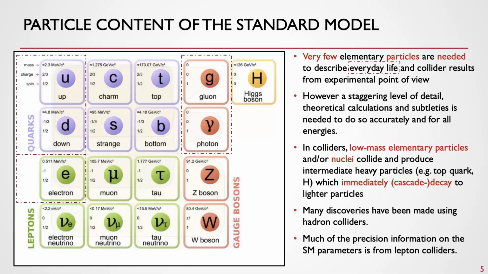Many discoveries have been made with hadron colliders. That's because a hadron, think of a proton, consists of quarks, and those quarks and the gluon carry in each collision a varying amount of the momentum of the mother particle, which is used in the collision, which means that every collision probes a different energy.